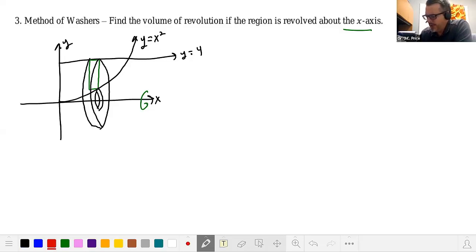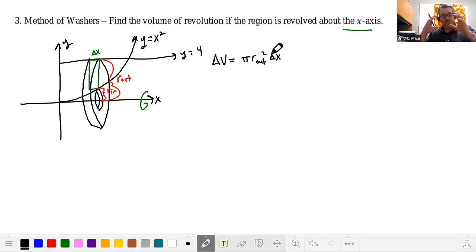So, up here, I see this is my delta x. And then I have my R in and R out. So, right here is my R in. And then my R out is all the way up there. So there's my R out. And to find delta V, a small change in the volume, I'm going to take this pi R out squared times delta x.